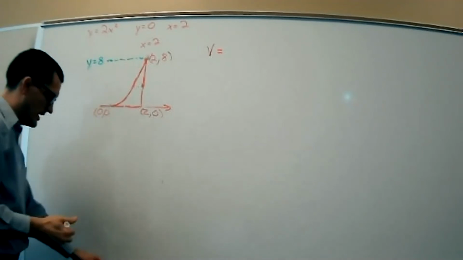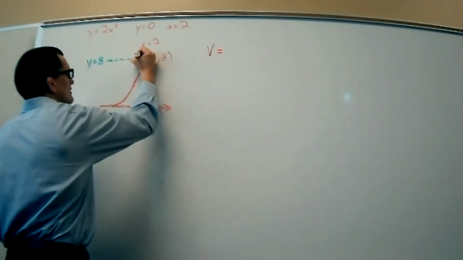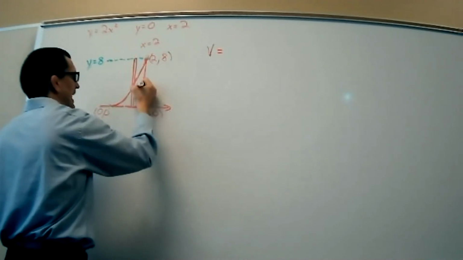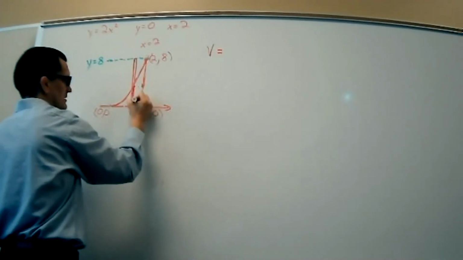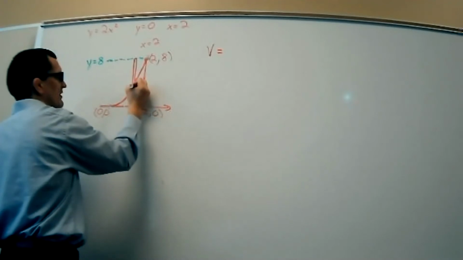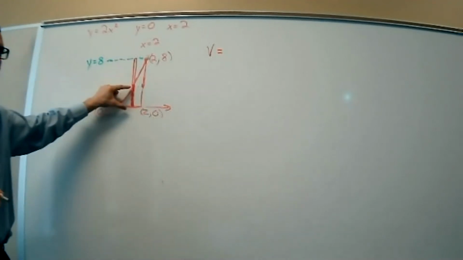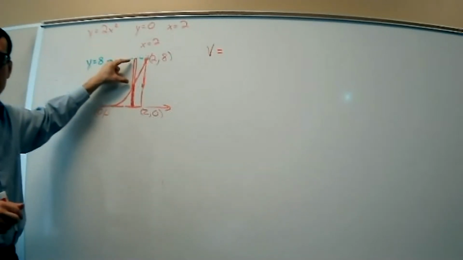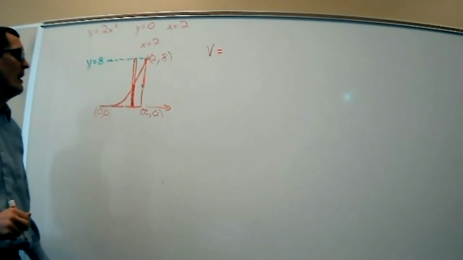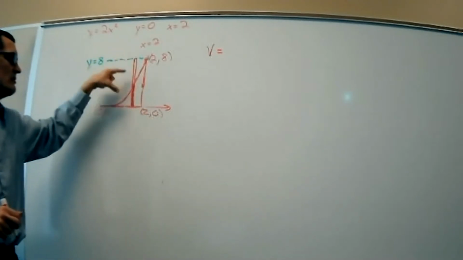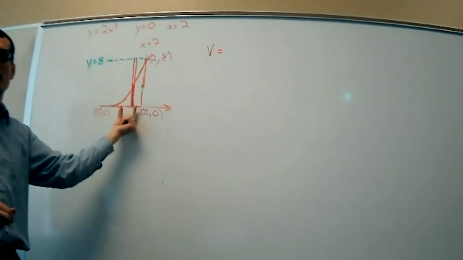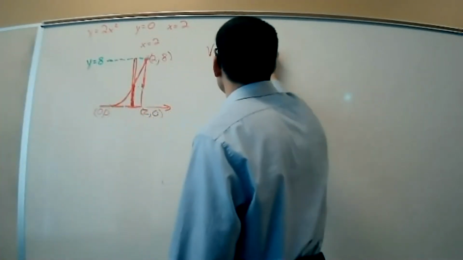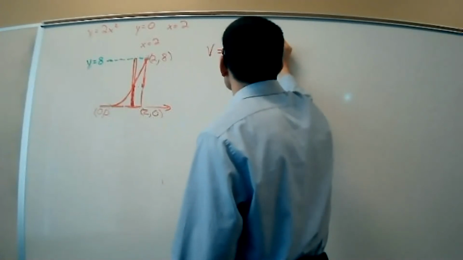That means when we're dealing with the rectangles that we're trying to draw, we're going to draw these vertically. And I'm going to have to use a washer method. I'm going to have part of the region I want to rotate, but there's going to be another with a hole in it, right? Now, because the rectangles are drawn this direction, we're going to be integrating with respect to x. So washer method with respect to x is what we're going to use.